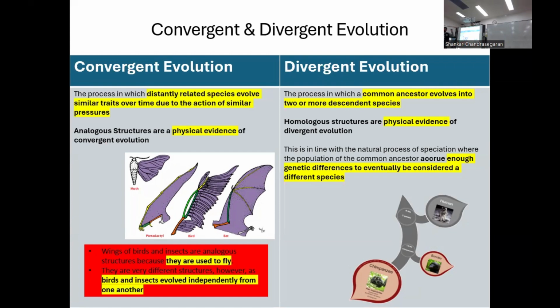Thinking about bats and birds, they are very far apart in their phylogenetic trees, but they both managed to evolve the trait of flight. That is the meaning of convergent evolution, where similar selection pressures have selected for that same trait, and as such, they both evolve that trait.